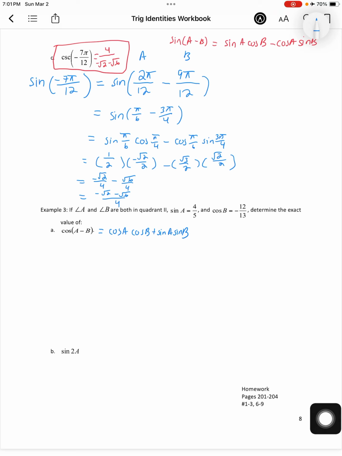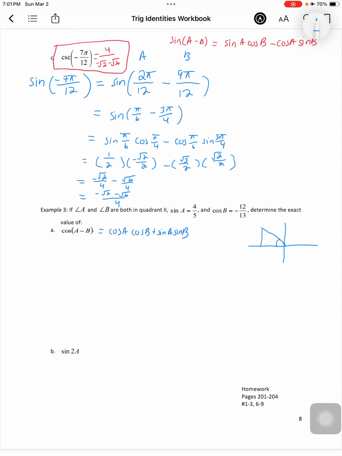So whenever you're given this type of question, and you'll probably see this on an assessment, you should draw it out and figure out your triangles. If I were to draw out my quadrants, quadrant 2 is in the top left corner, right?